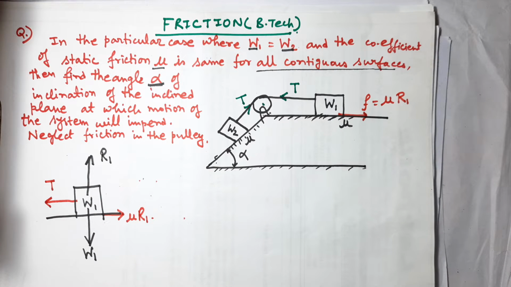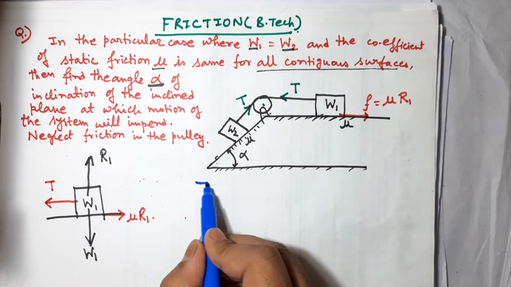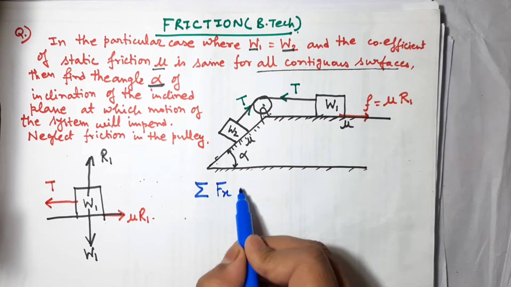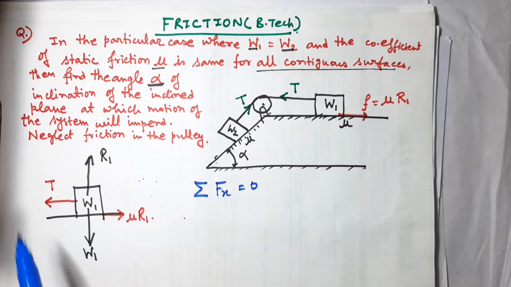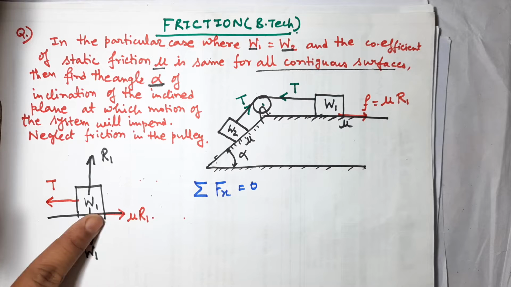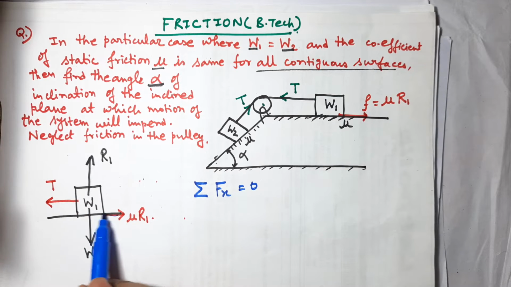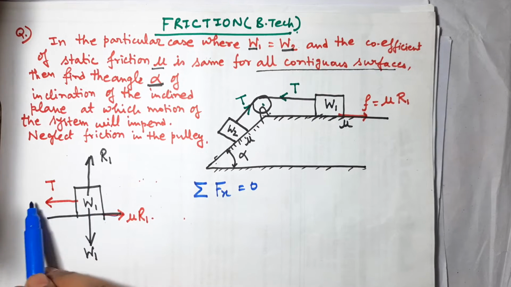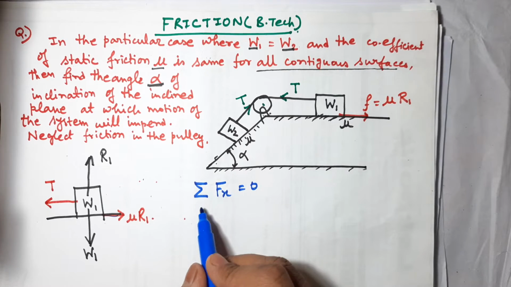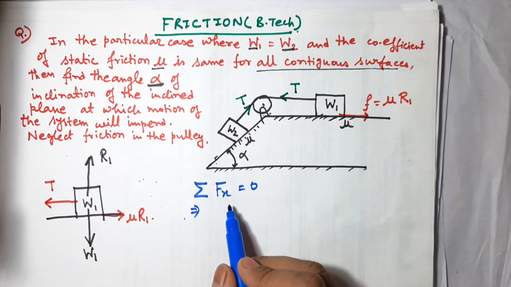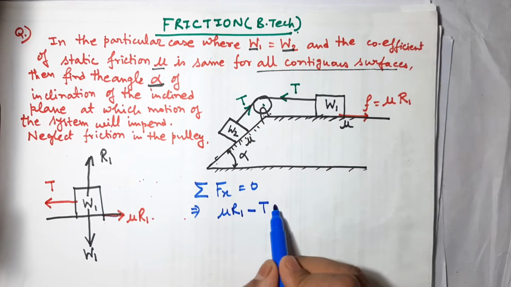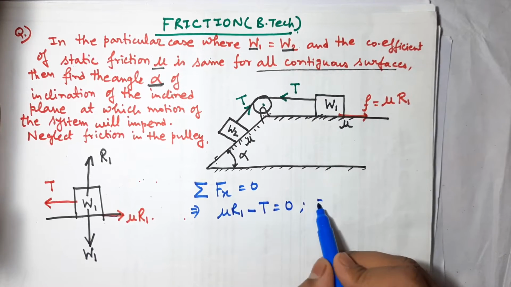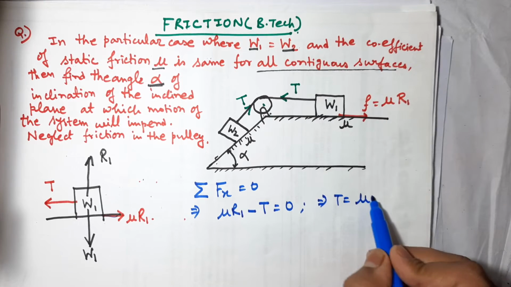Now the total force along the x direction: Fx is equal to 0. T acts along the negative x-axis, and mu R1 acts along the positive x-axis. So mu R1 minus T is equal to 0, so T is equal to mu into R1.